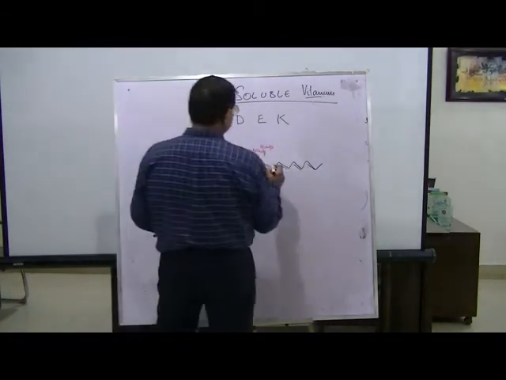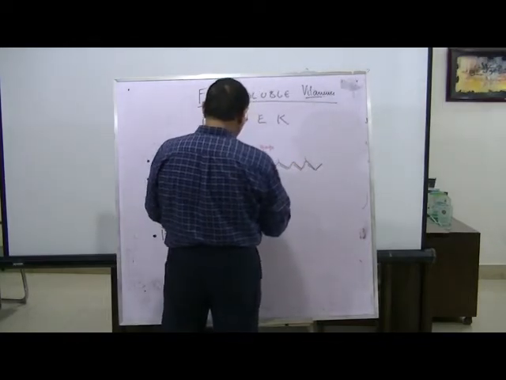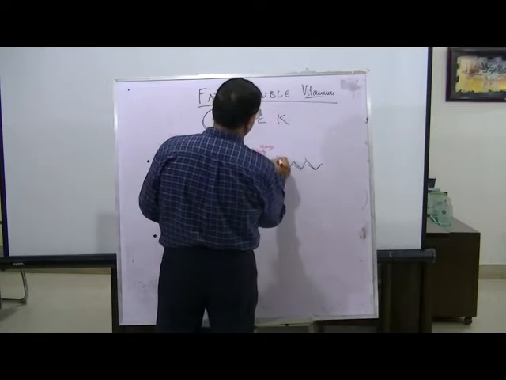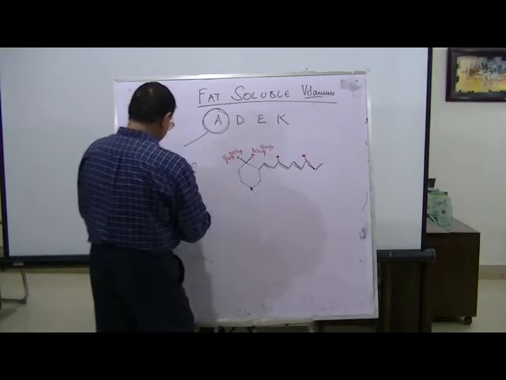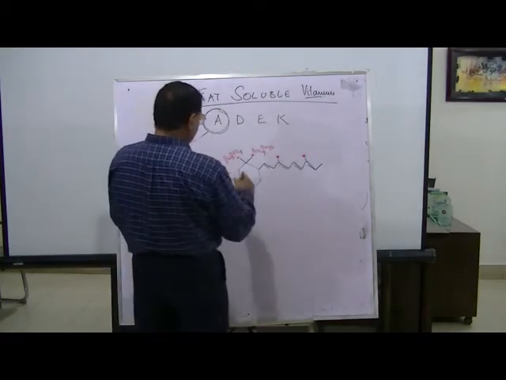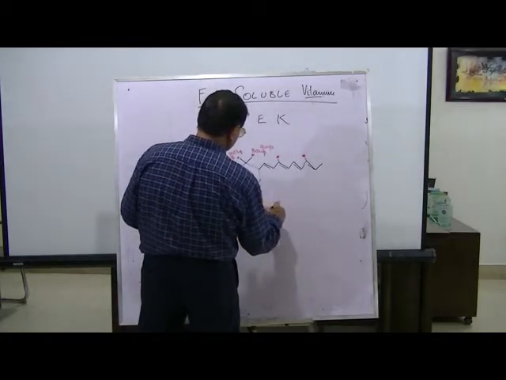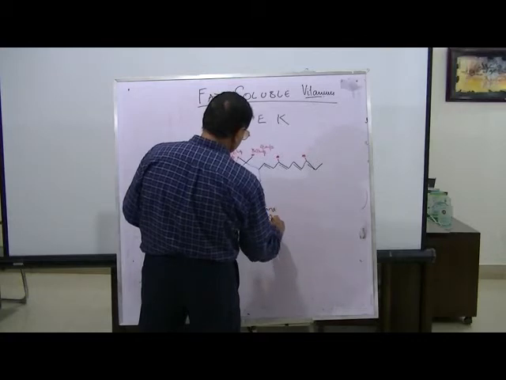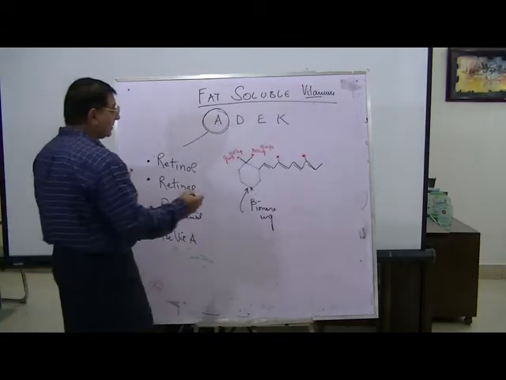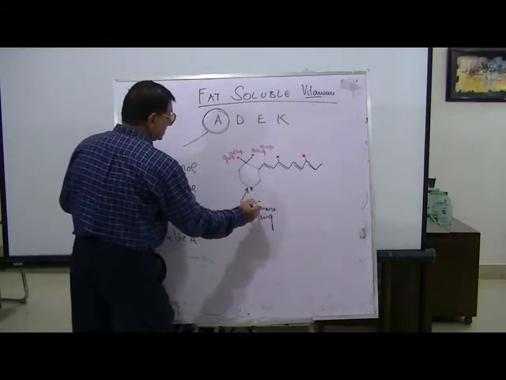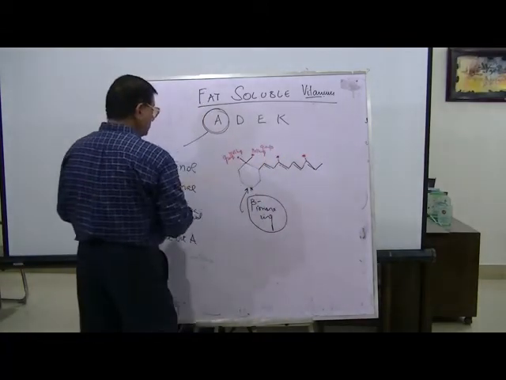And again you've got methyl groups over here. This one is called the beta ionone ring, to which is attached the chain, and then it's got methyl groups.